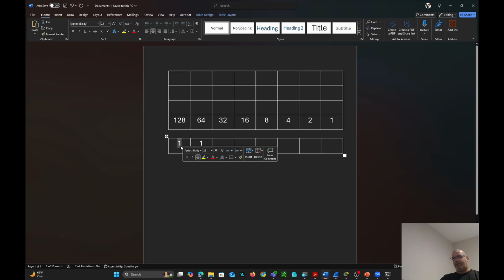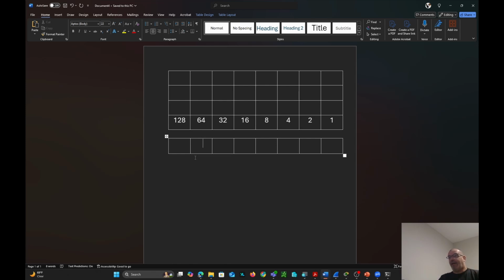So all we do is, if somebody gives me a number, just a random number between 0 and 255. 146. Okay, so we got 146. All right, so is this greater than or less than? If it is less than, we start from the left-hand side and we work this way.